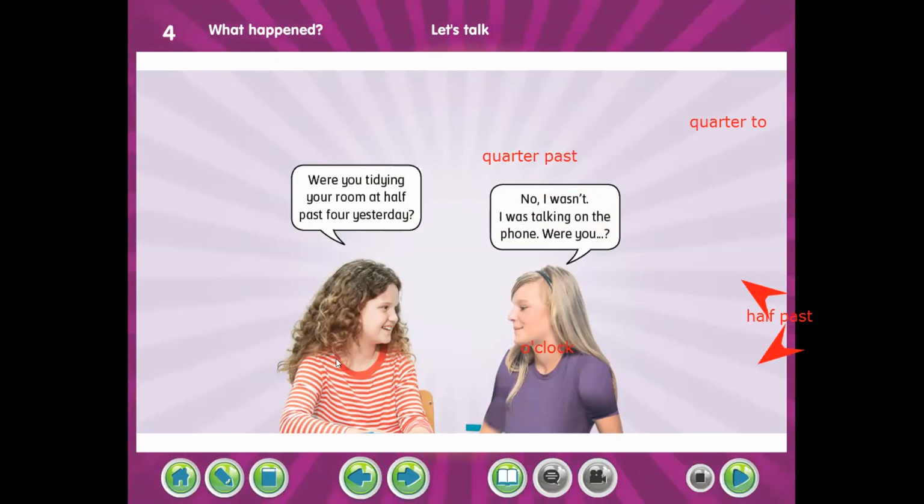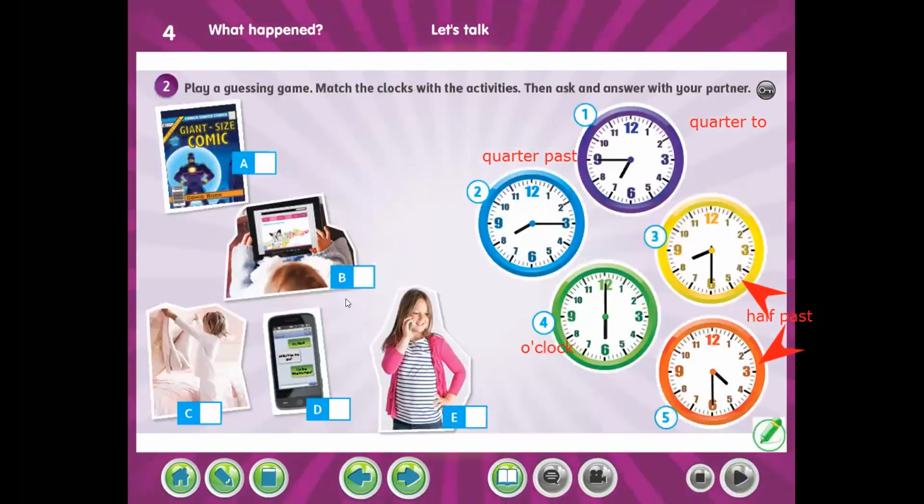Remember, one student made the question, okay? Were you texting a friend at 6 o'clock? Were you, okay, remember, one question, only one question about these actions. Reading a comic book, surfing the net, only one question.